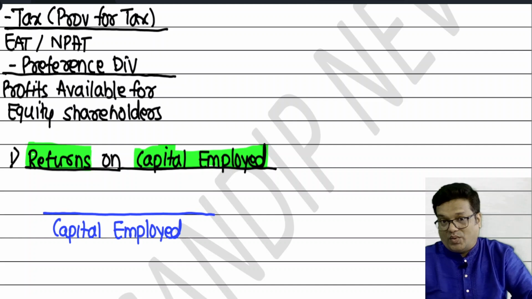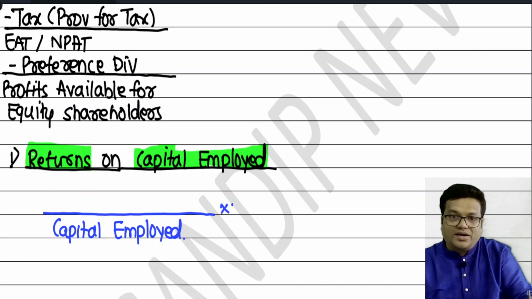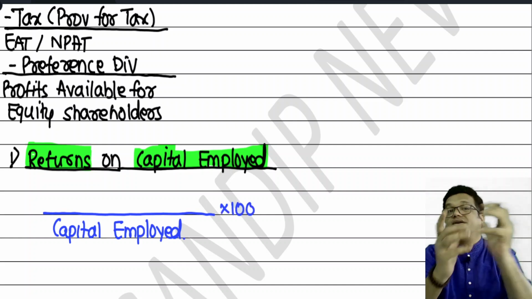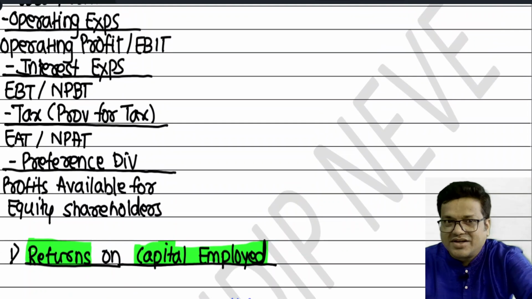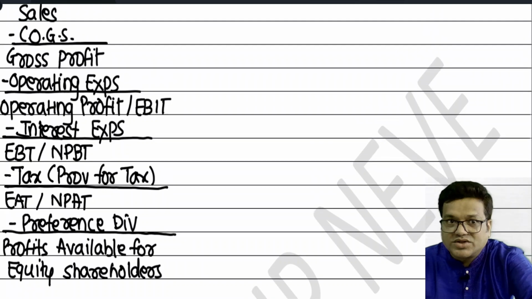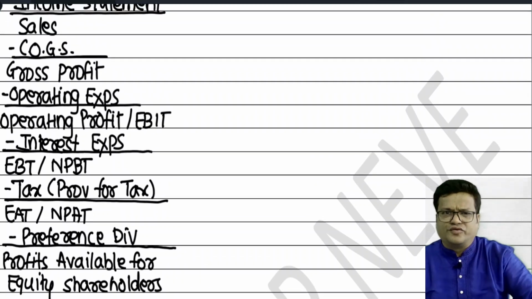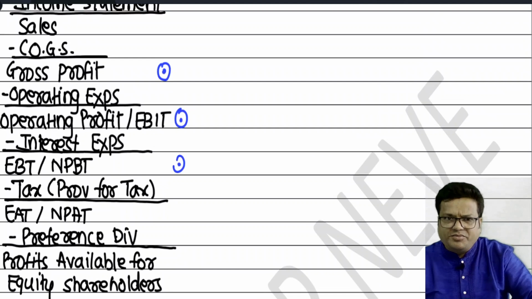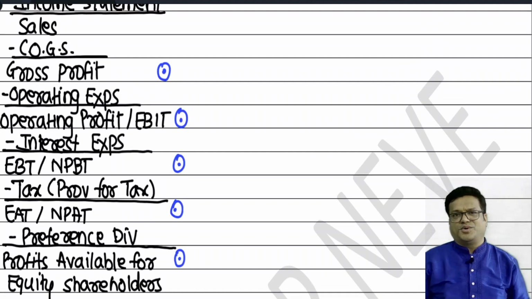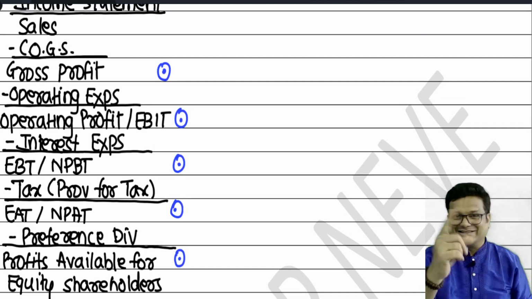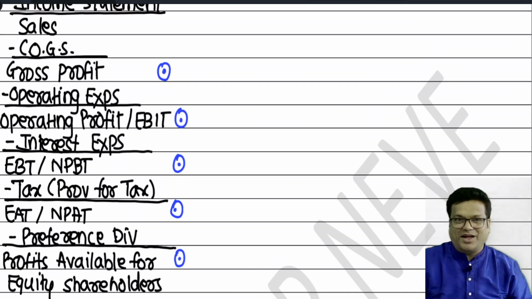Now, very important. What should be the returns over here? Returns means profits. Now, see, I have a choice of profits to choose from. I have gross profit, I have EBIT, I have NPBT, I have NPAT, and I have profits available for equity shareholders. One of these is going to come over there.